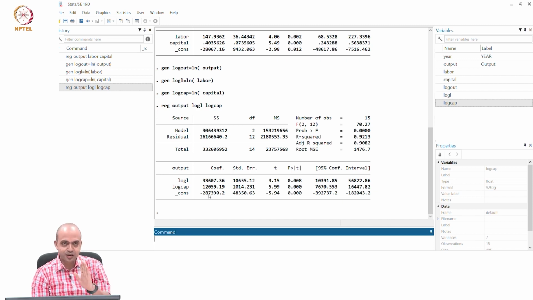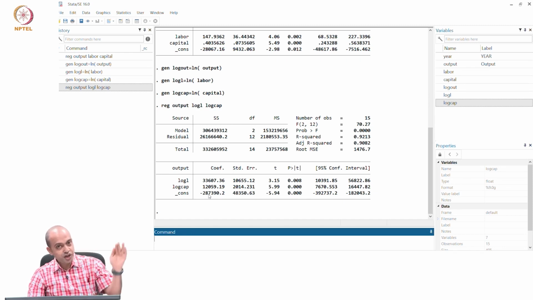Okay, is this clear? That is what we have derived. Okay, for lin log model, if you need to interpret the coefficient, you divide the coefficient by 100, that would be the unit change in your expected value of yi for 1% change in the xi.